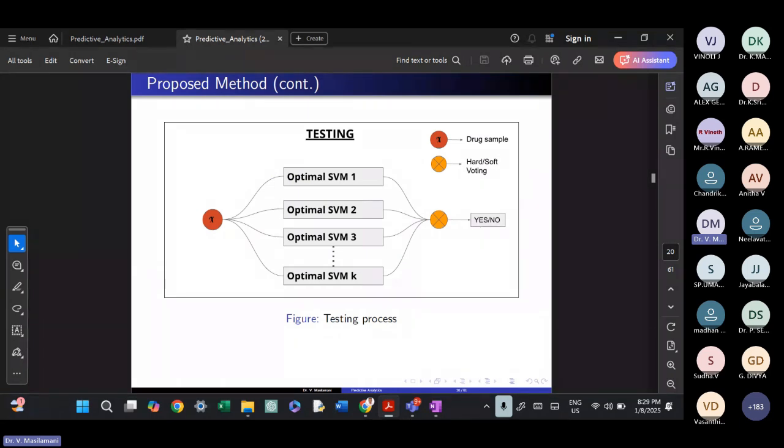Everyone will say yes or no, and you find out whether yes is the majority or no is the majority. Based on that, you take the call. Based on majority, you take the call. That is called hard voting. What is soft voting? Soft voting means giving a weight to everybody's response and taking the weighted sum. Based on the weighted sum threshold, you decide whether the drug is causing the ADR or not.